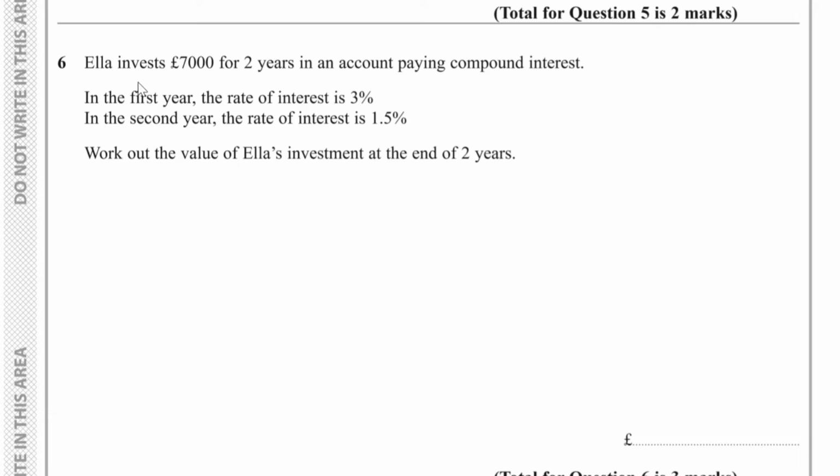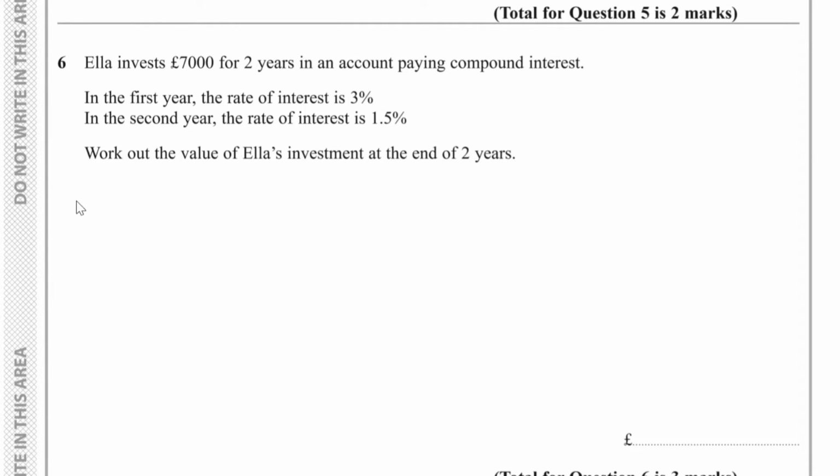Question number 6. Ella invests £7,000 for 2 years in an account paying compound interest. In the first year, the rate of interest is 3%. In the second year, the rate of interest is 1.5%. We have to work out the value of Ella's investment at the end of 2 years.